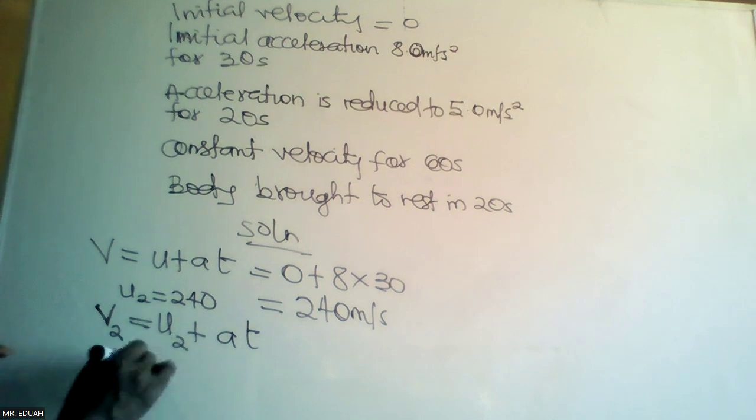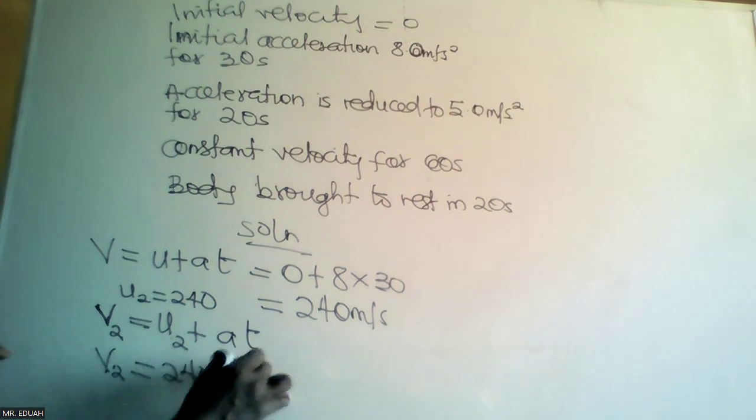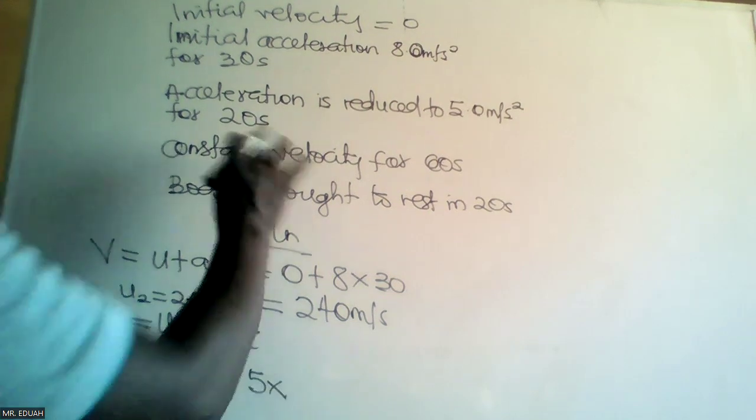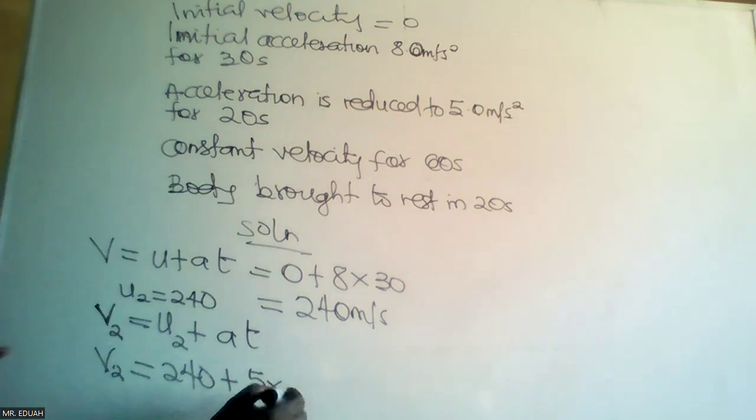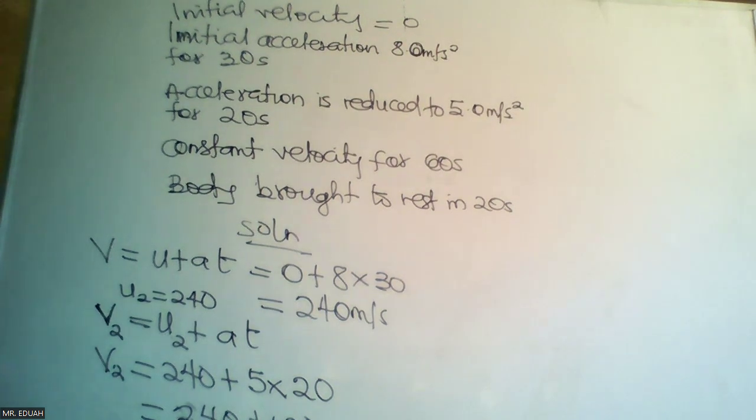Therefore, V2 is equal to 240 plus 5 times within a time interval of 20. So we have 240 plus 100, giving us 340.